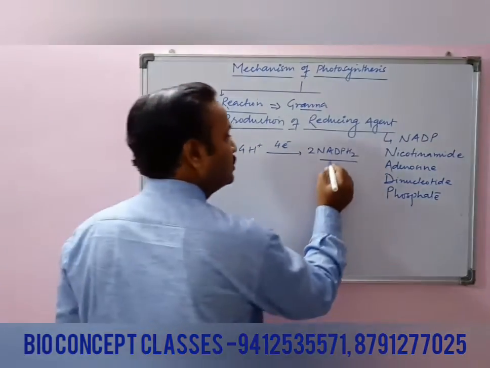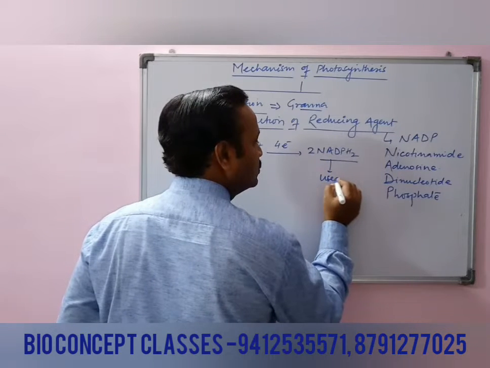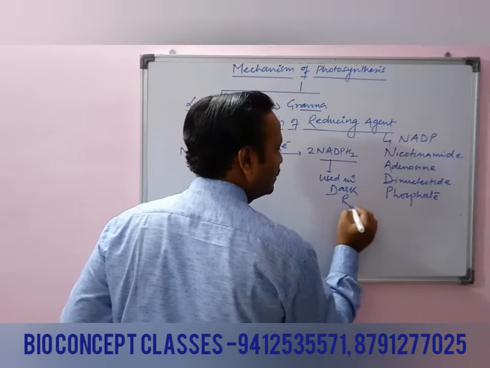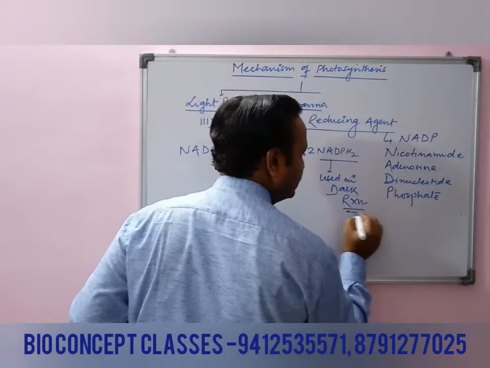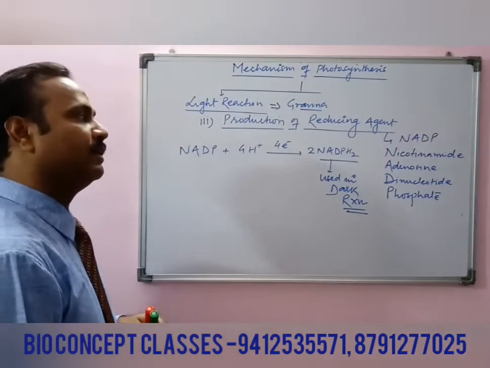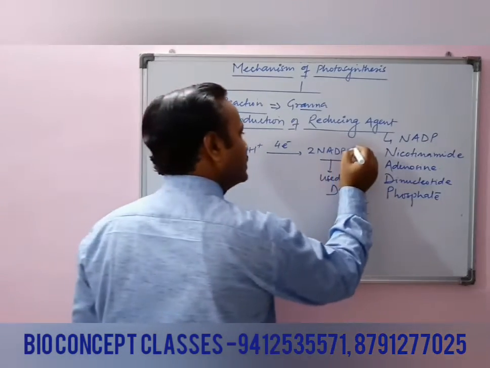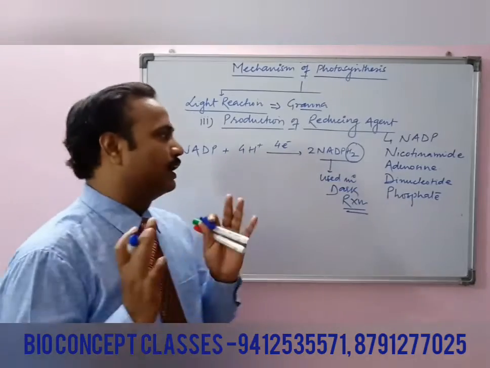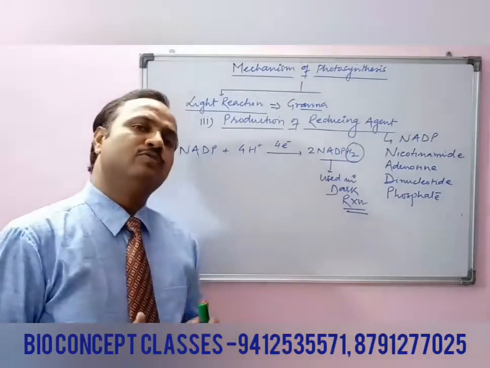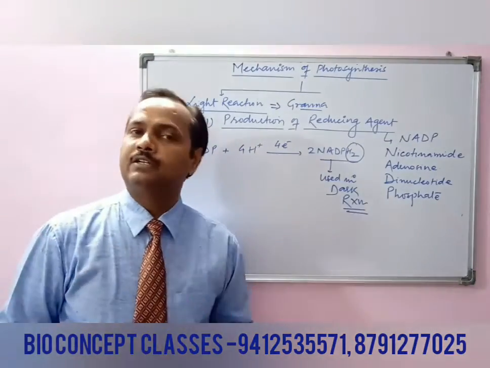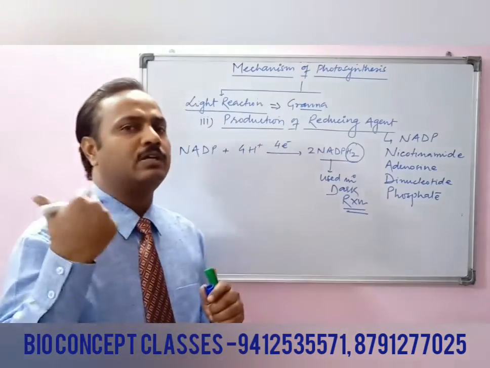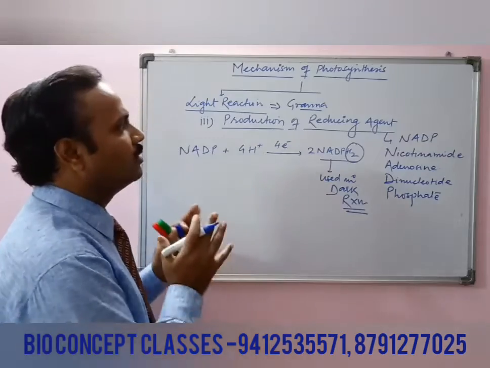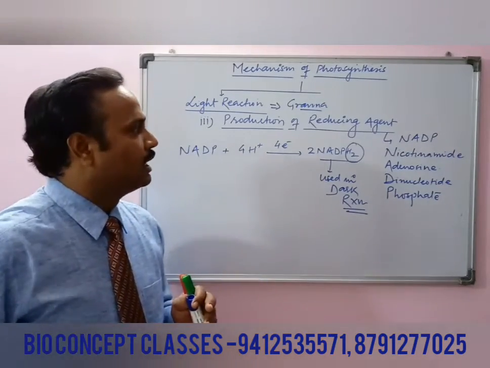Now this reducing power is used in dark reaction, ध्यान रखना है, right? Because it is the carrier of the proton. ठीक है? So NADP is the reducing power generated during the light reaction but used in the dark reaction. This is the production of reducing agent.